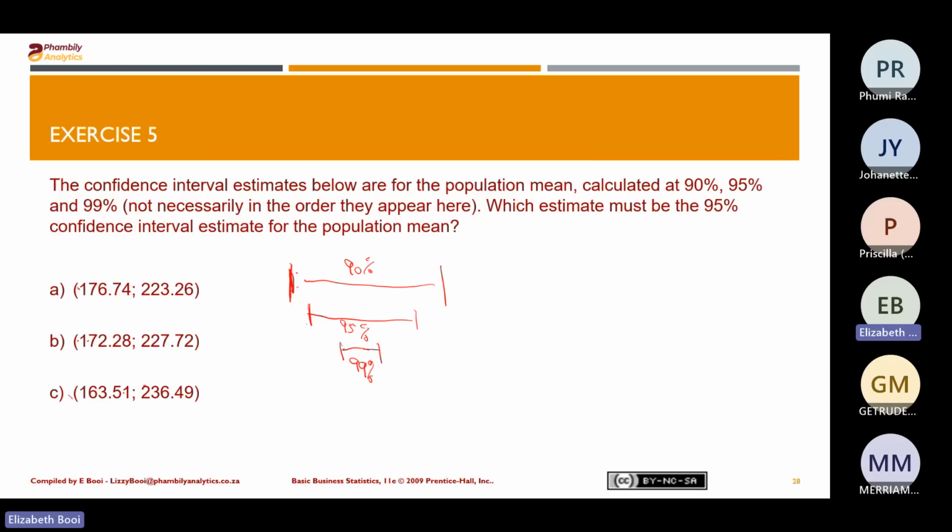Because we don't know all these values, how they calculated them and all that, we can make fictitious data for ourselves. I'm going to use 99, 95, and 90% with my dummy data.